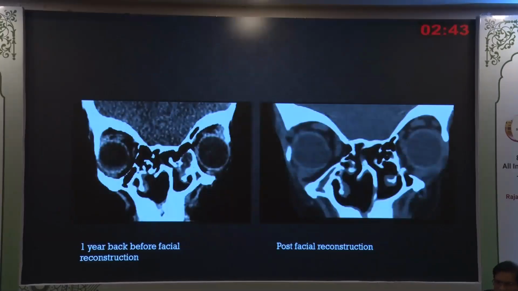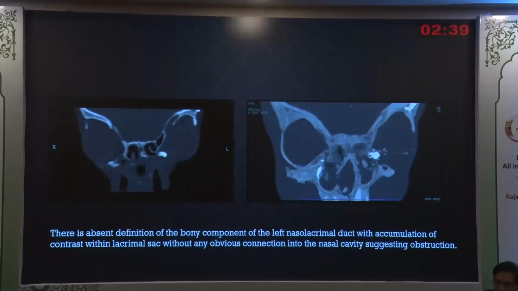After surgery we did a CT scan, and since we were doing the CT scan, we also did a CT DCG. On the left side, we can see an absent definition of the bony components of the nasolacrimal duct, as well as accumulation of contrast in the sac itself without any obvious connection to the nasal cavity, suggesting an obstruction at that level.